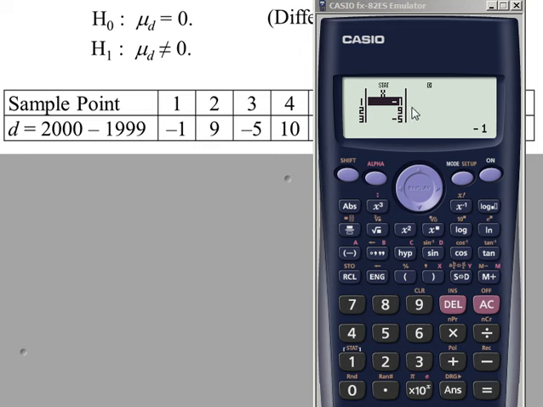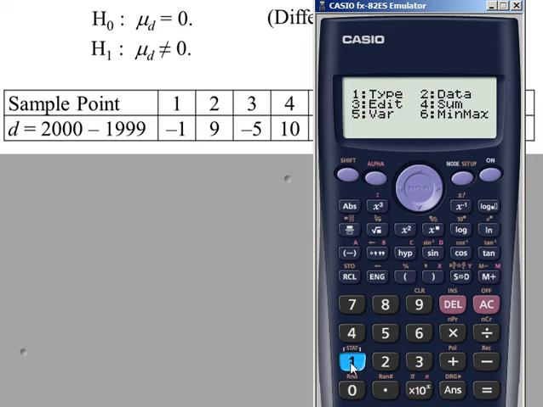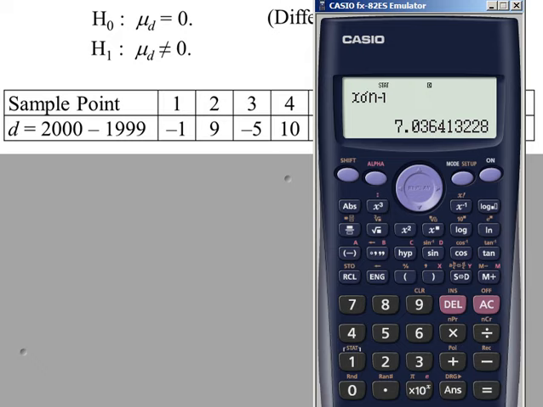The differences go into the calculator. We want to work out the mean of these differences and the standard deviation for these differences. So the mean, 4.2. Option 4. And the standard deviation, 7.036.